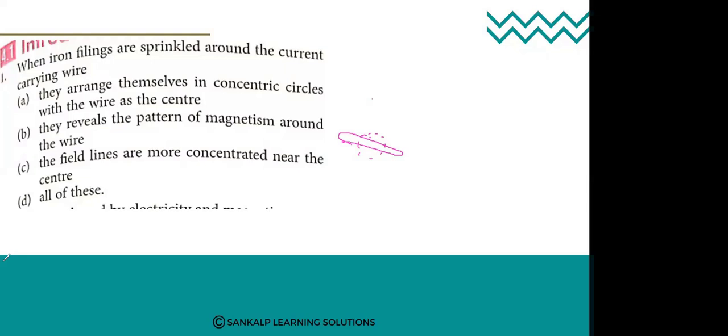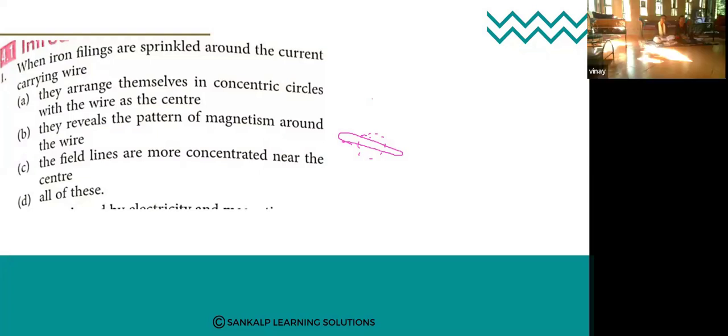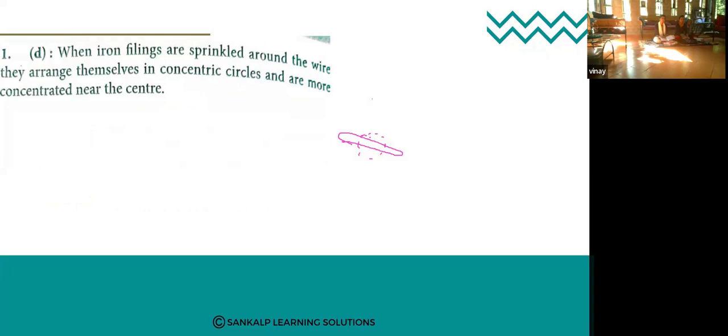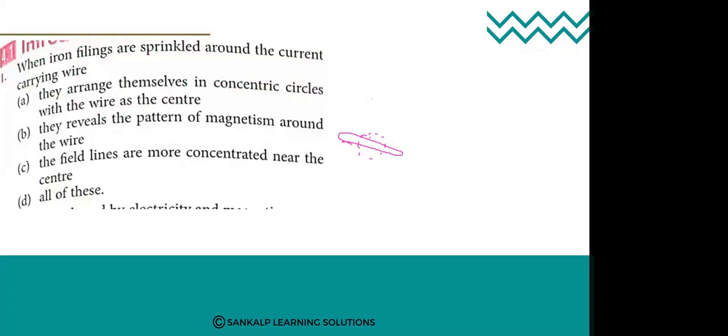So when the iron filings are sprinkled around the current carrying wire, which one will be the true statement? The option is that all the statements are true here. That is, they arrange themselves in the concentric circles. That is also true.